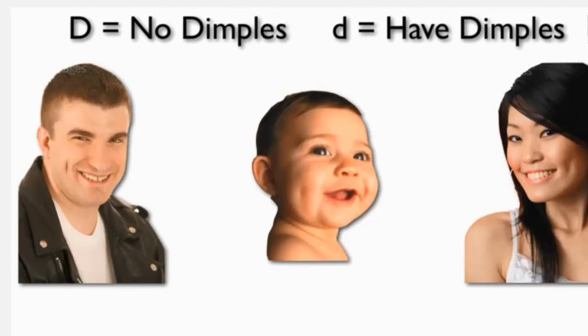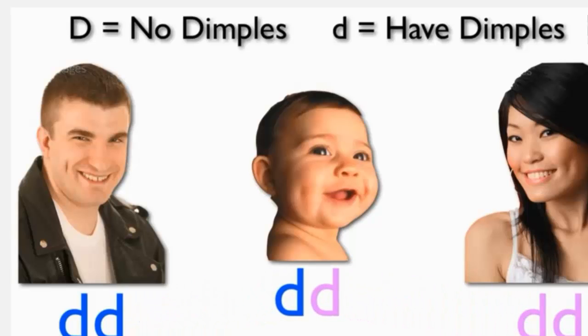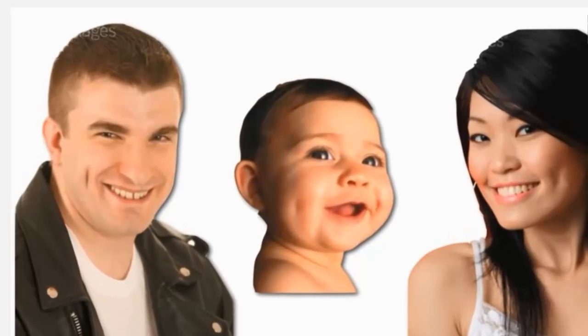Not having dimples is dominant over having dimples, which is recessive. Because of this, we know the genes in both parents were two lowercase d's. In this case, the baby inherited the recessive gene from each parent. The baby also had dimples.